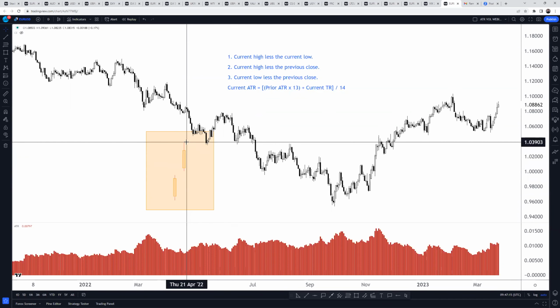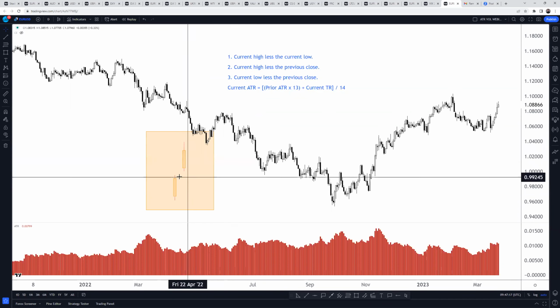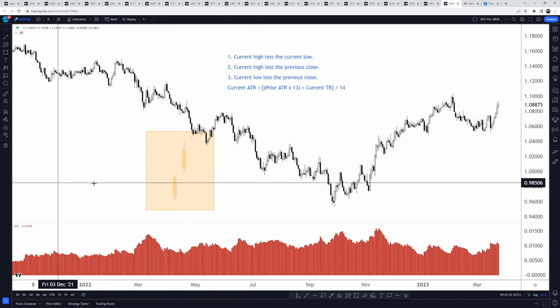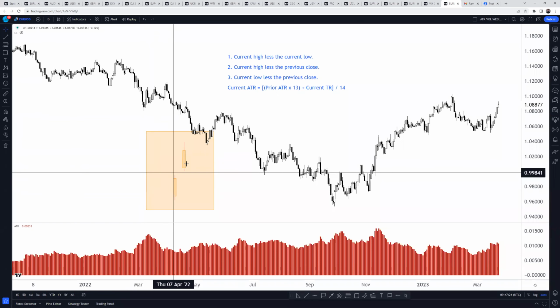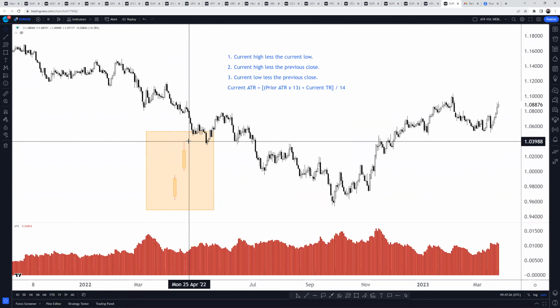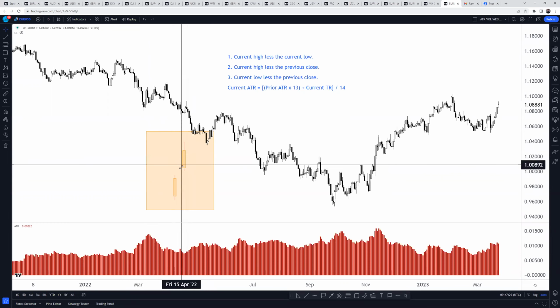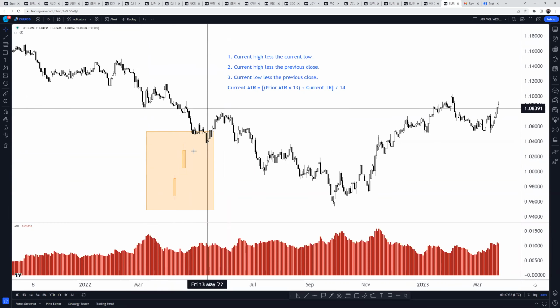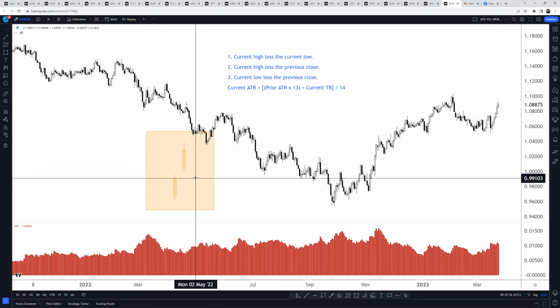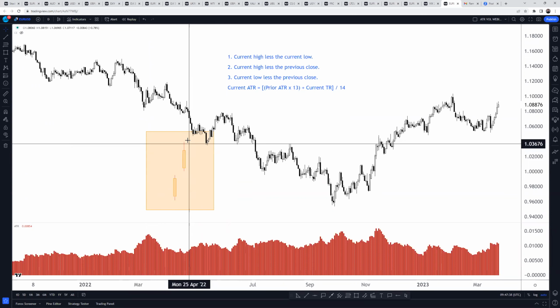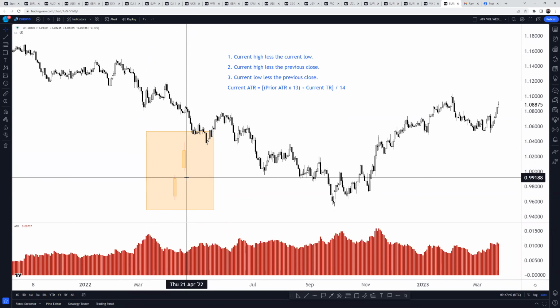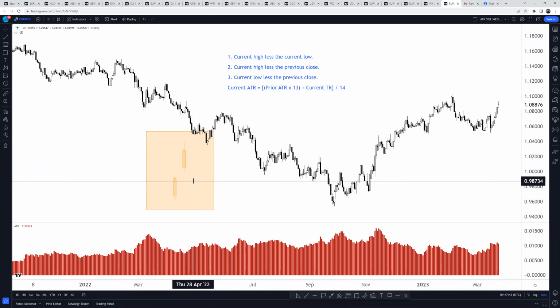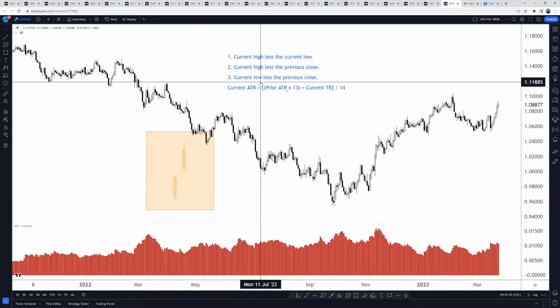This ensures that we capture any of the missing volatility for this day. Because if we just take the current high to the current low, this only captures this part of the candle. But as you can see, we take the greater of these three, hence why we take the greater of these three to capture that missing volatility.